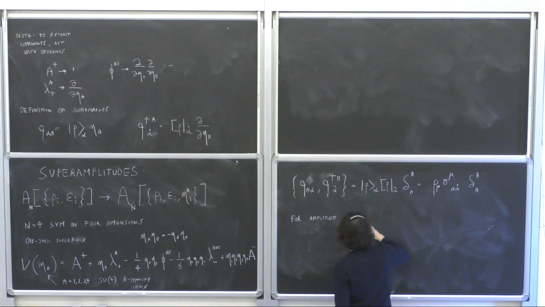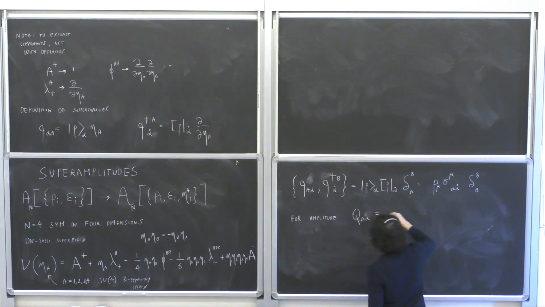For an amplitude, we define the supercharges, say Q alpha, as the sum of these objects associated to each individual asymptotic state.